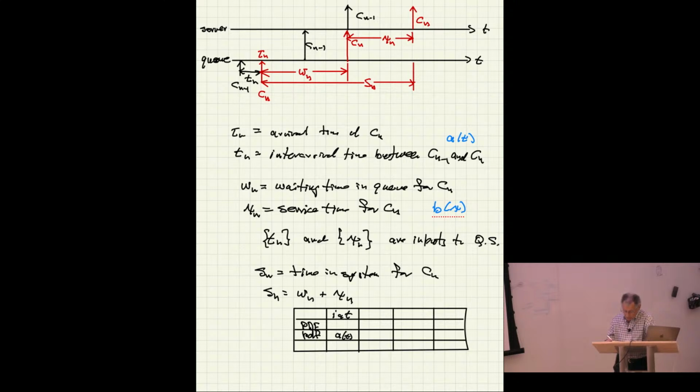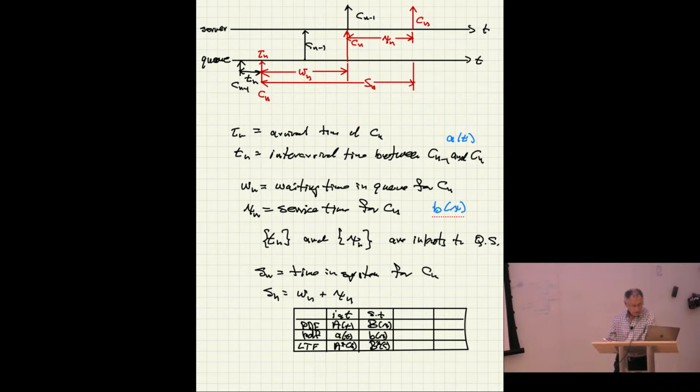And the distribution function is capital A of t. And the Laplace transform is A star of s. If I do the same thing for the service time, I'll get capital B of x, little b of x, and B star of s.